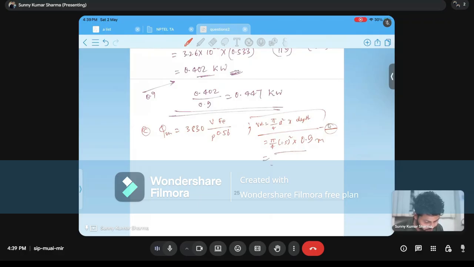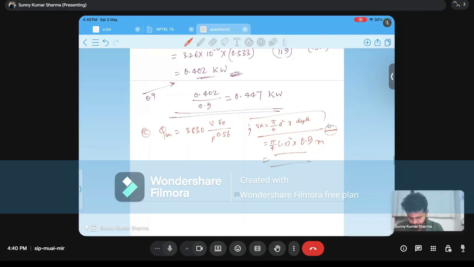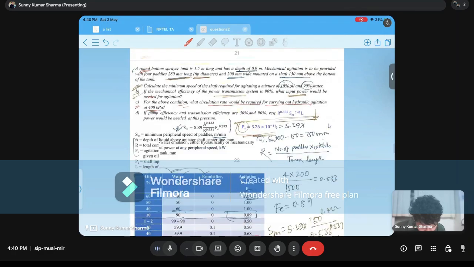You calculate this volume. It is coming as 1.59 meter cube.